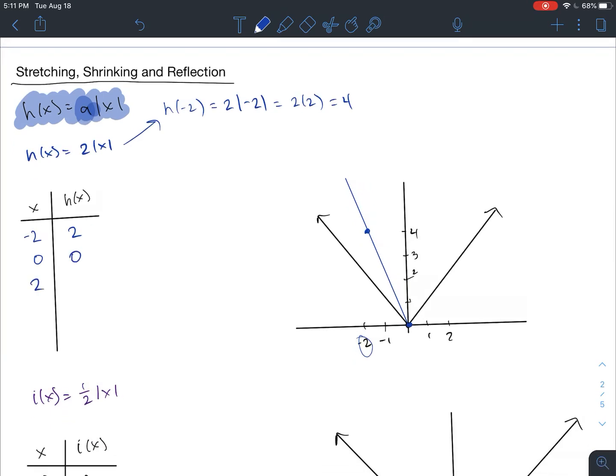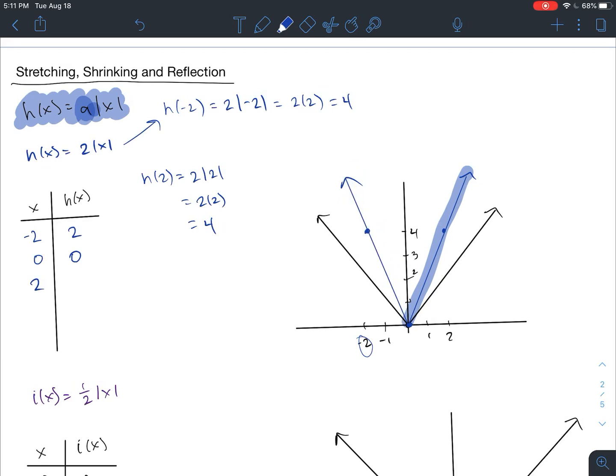And if we did h of 2, we'll get 2 times the absolute value of 2. It's equal to 2 times 2, which is equal to 4. There you have it. So this is what a stretch looks like. You can see here that we have a steeper slope on both sides.